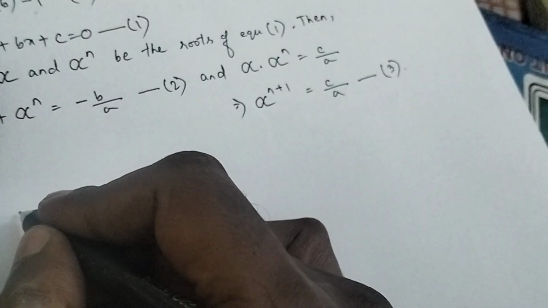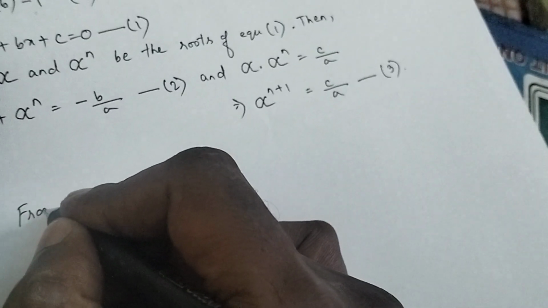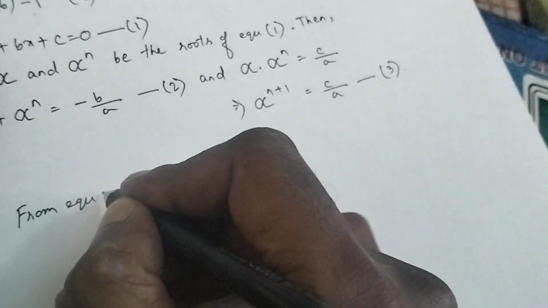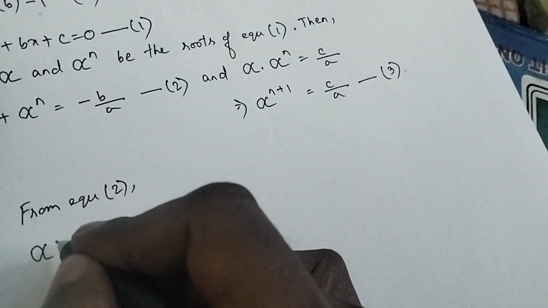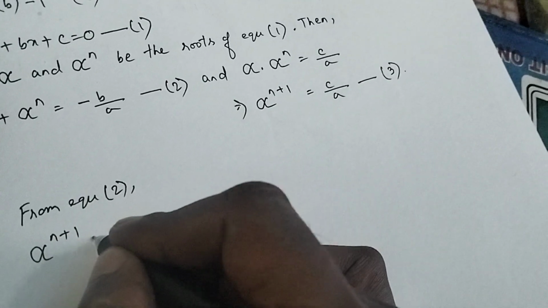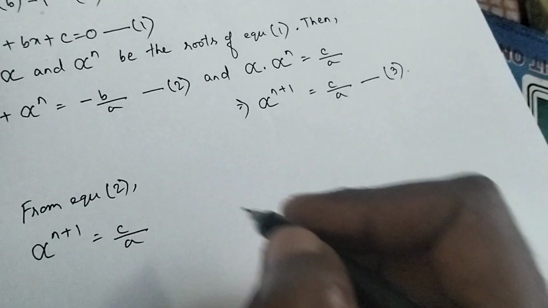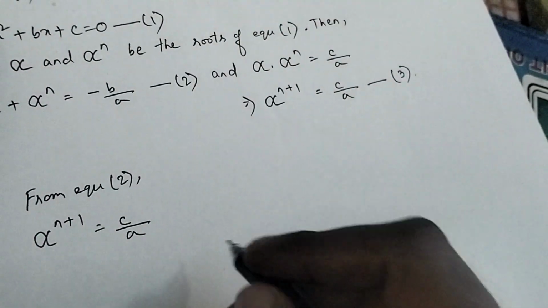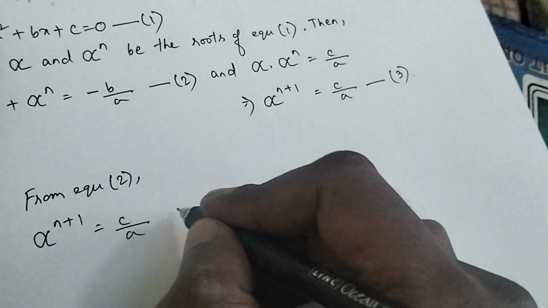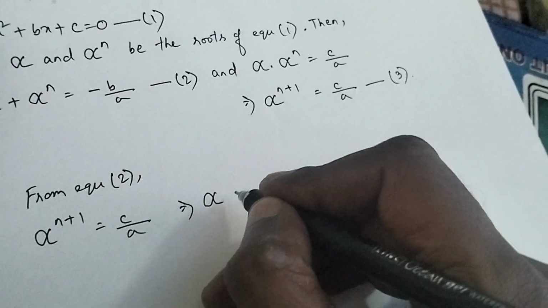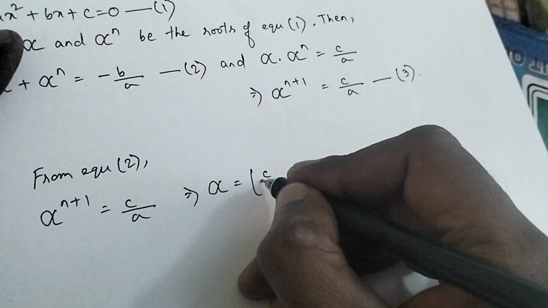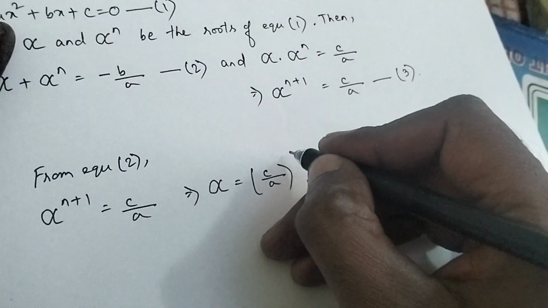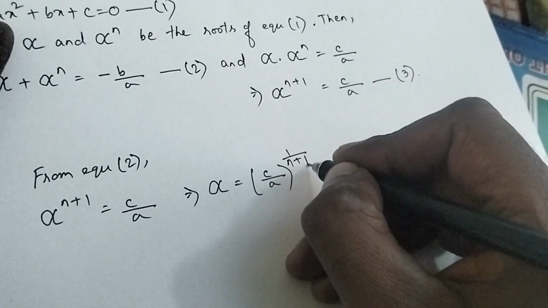So from equation 3, we get alpha to the power n plus 1 is equal to c by a, right? So alpha will be c by a to the power 1 by n plus 1.